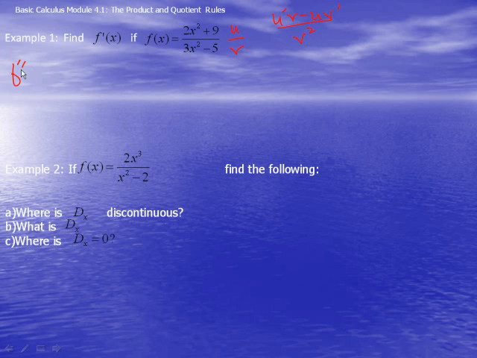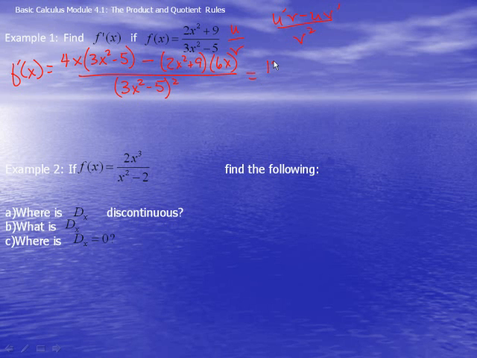So f prime of x will be equal to the derivative of the first one, which is 4x, times the second one, which is 3x squared minus 5, minus the first one, which is 2x squared plus 9, times the derivative of the bottom one, which is 6x, all over 3x squared minus 5, quantity squared.